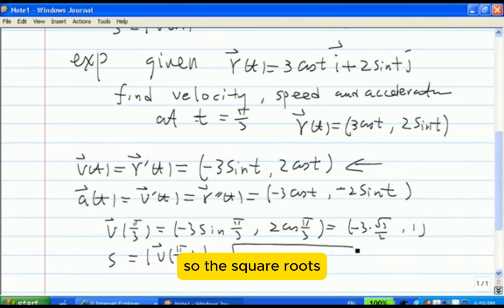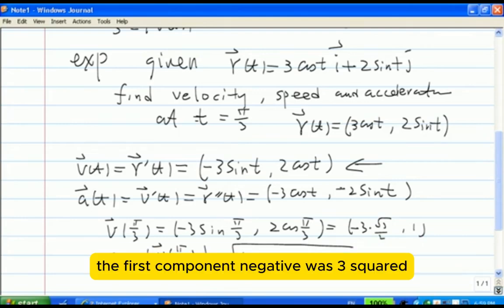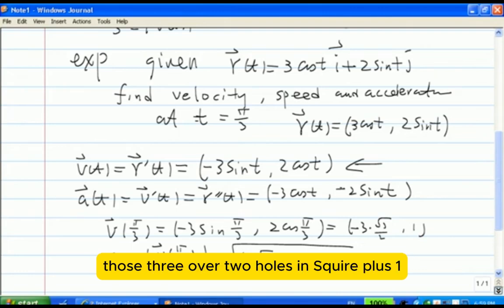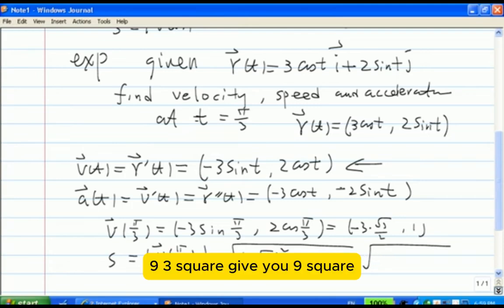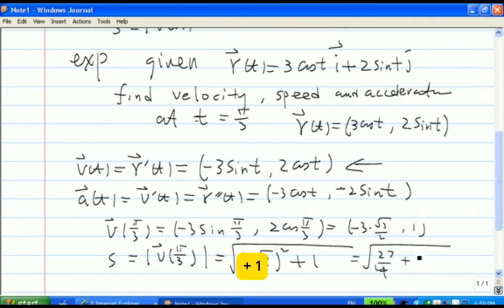So the square root of the first component, negative 3 square root of 3 over 2, the whole thing squared, plus 1. 3 squared gives you 9, square root of 3 squared gives you 3, so you get 27 over 4, plus 1, which is 4 over 4.